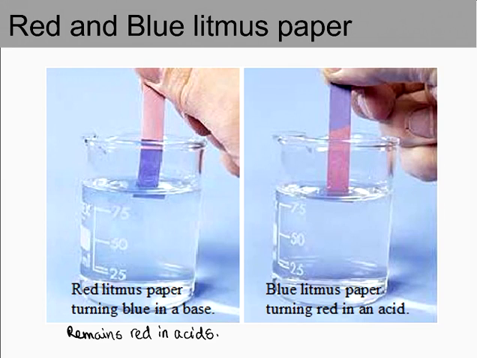But again, this won't tell you any specific pH values. Blue litmus paper, on the other hand, will turn red in an acid and remain blue in base. So again, not super specific, it's just kind of giving us a general idea of acidity or basicity.